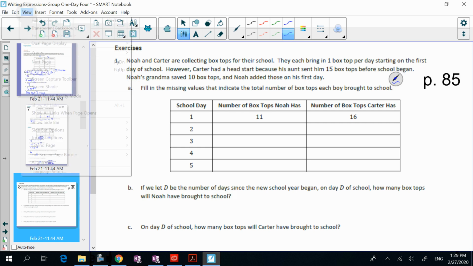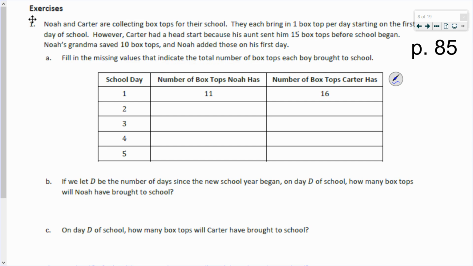Our first part. The big thing on this, they each bring 1 per day starting on the first day of school. Carter had a head start because his aunt had 15. Noah saved 10, and he added those on his first day. So after the first day, what am I doing in each column?